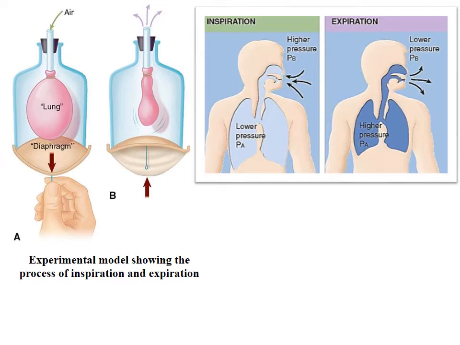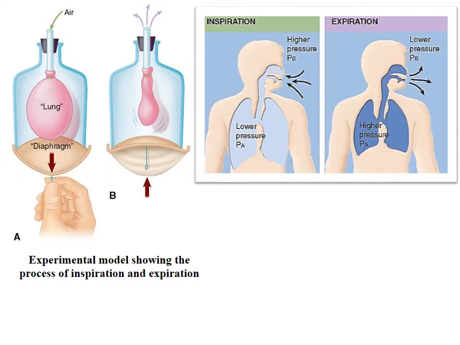The opposite event happens when the diaphragm relaxes and goes back to its original position. The volume of the thoracic cavity decreases, the pressure within the thoracic cavity increases, and as a result air moves from the thoracic cavity to the outside, which we term expiration.